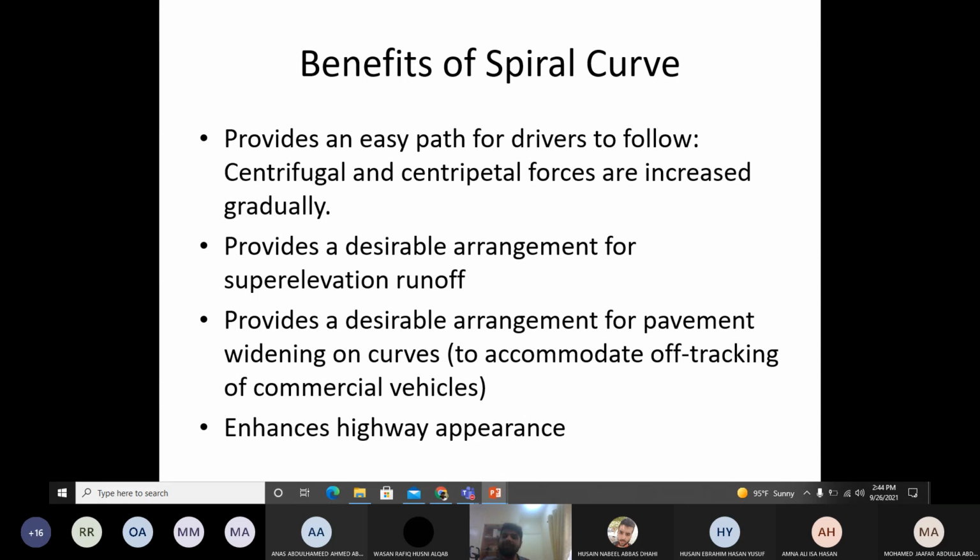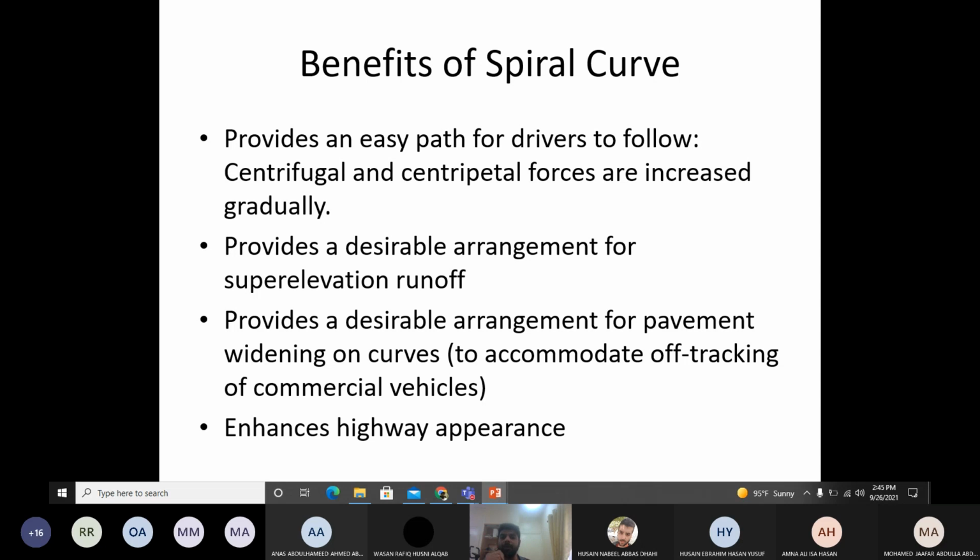Earlier we were talking about some part of the runoff on the tangent and some part on the circular curve. With the spiral curve, you don't need to do this. Some part of it is on the tangent, some part on the spiral curve, and on the circular curve, full super elevation is achieved.